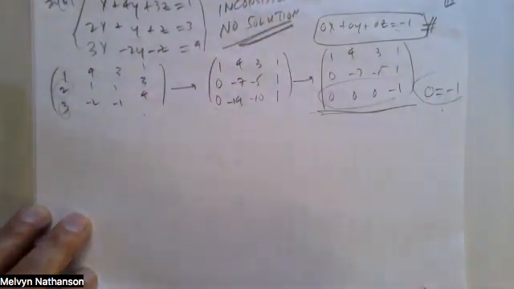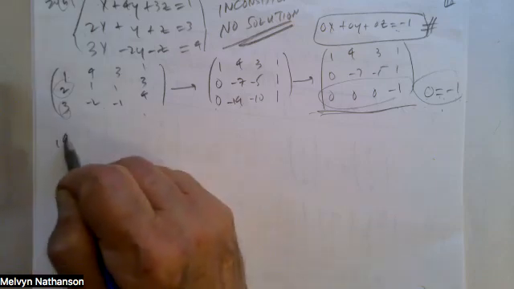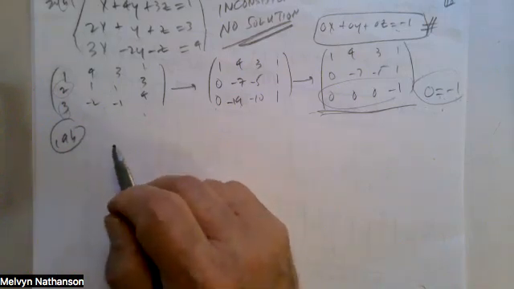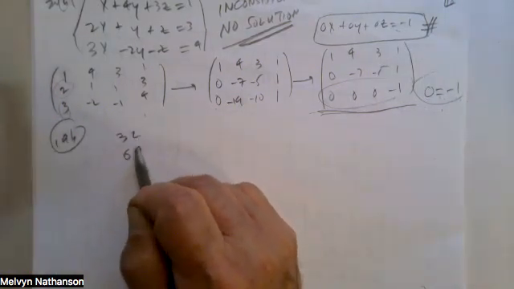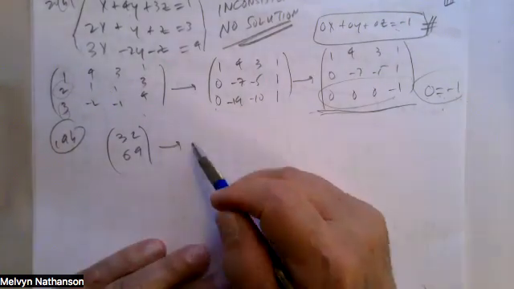Can you do 19B? 19B is, you have the matrix 3, 2, 6, 4. So you want to put this in reduced row echelon form.